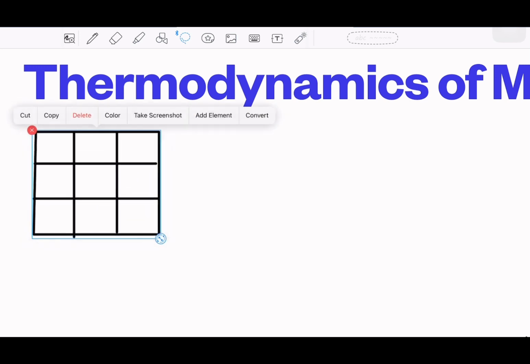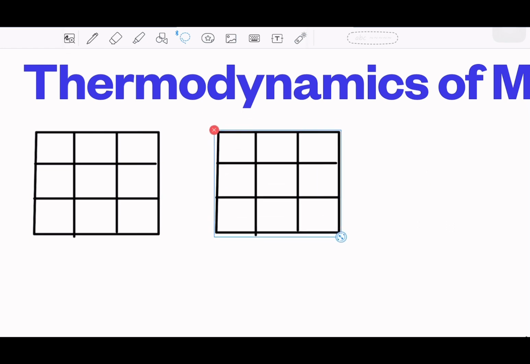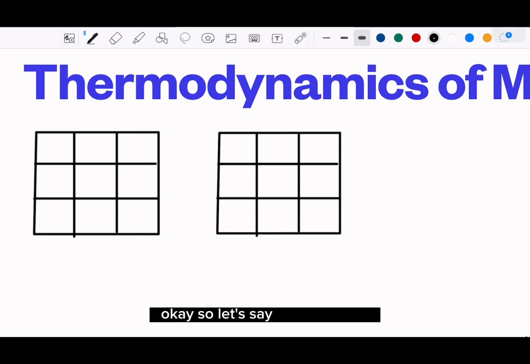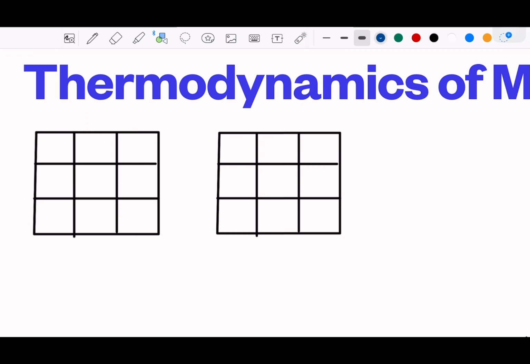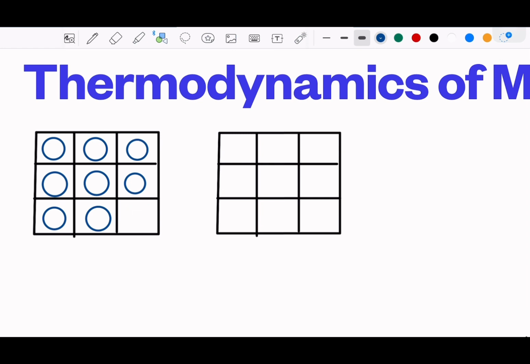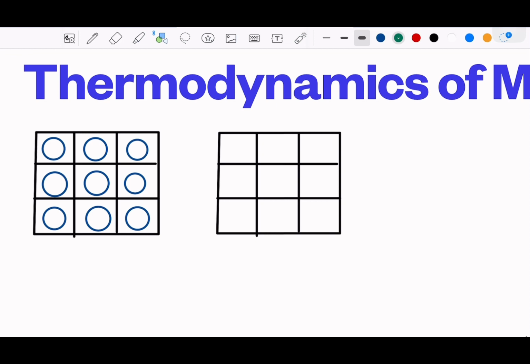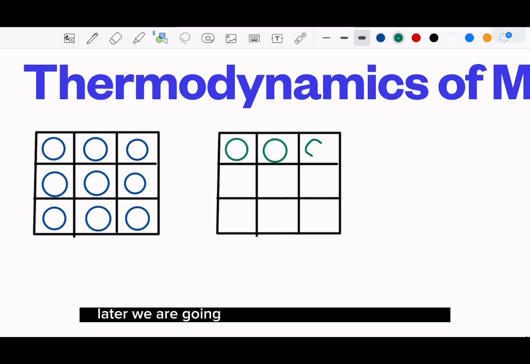Let's say we have some particle. And the easy way to model the particle is through a lattice model. So this is a lattice model. Later we are going to see the polymer will also be assumed in this lattice model.